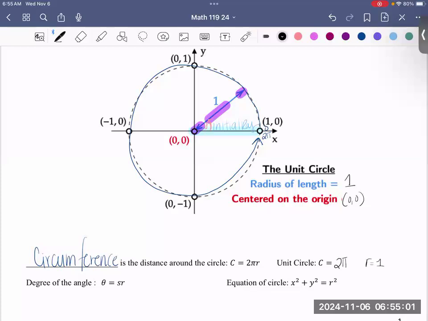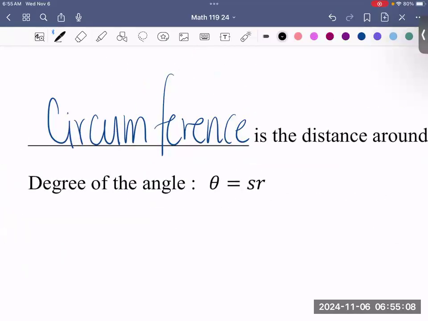Now, in case they ask you in future the degree of the angle, we do have this quick little formula where this is called your theta right here. This is the degree of the angle.